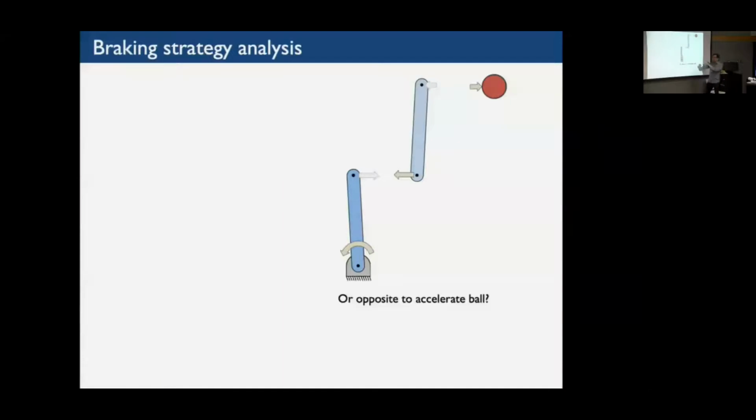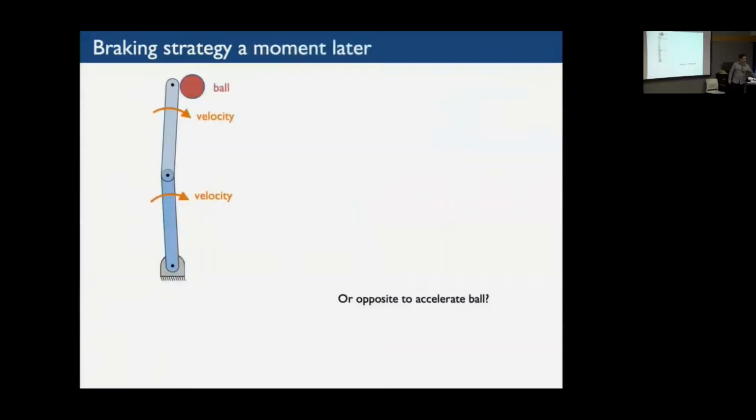And so you can only do this. You get extra acceleration, but you are doing negative work. And so if you did this for long enough, you would be taking a substantial amount of energy away from your system. And then that's going to cause all sorts of problems.